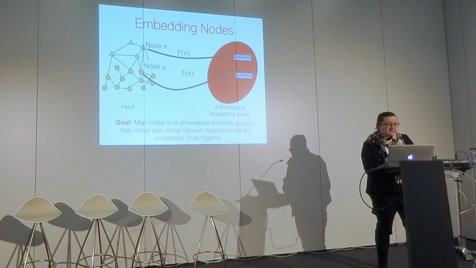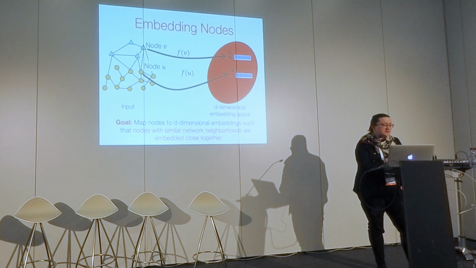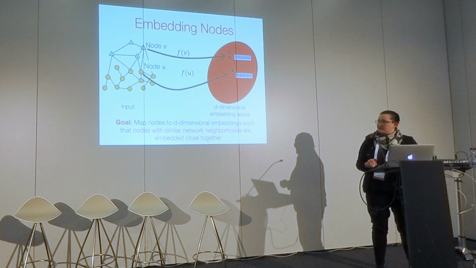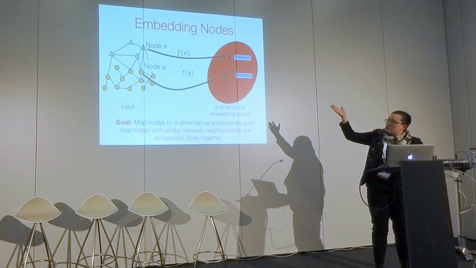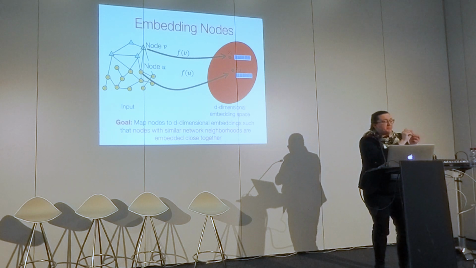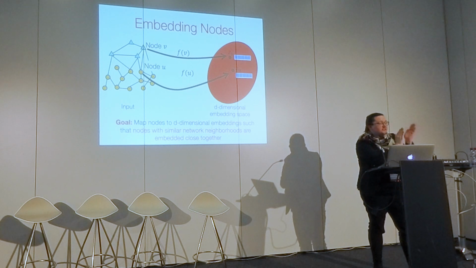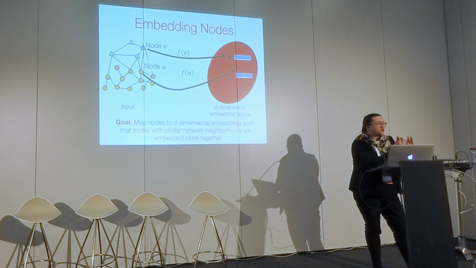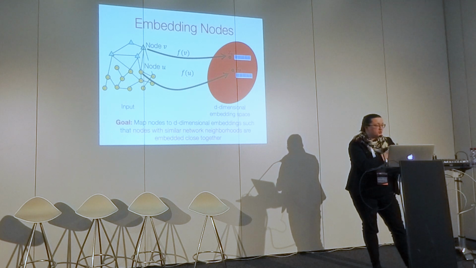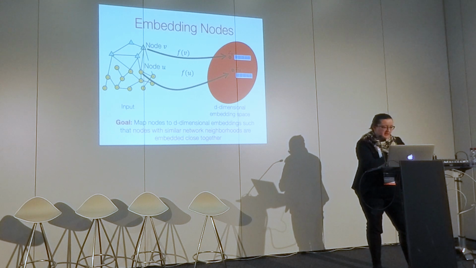The key technical idea is that idea of embedding nodes in the network. So what I mean by that is that for every node in the network, say node U and V, we learn some mapping function f that will map every node to some d-dimensional feature vector or latent representation of that node, which is called embedding.